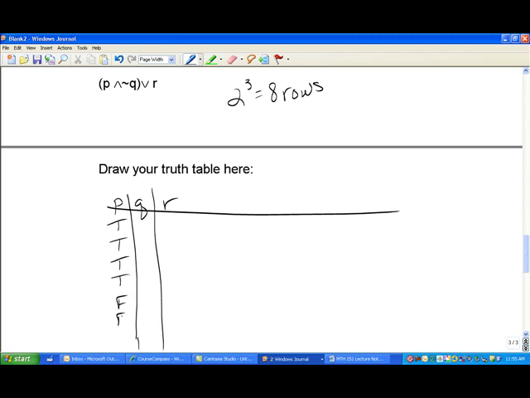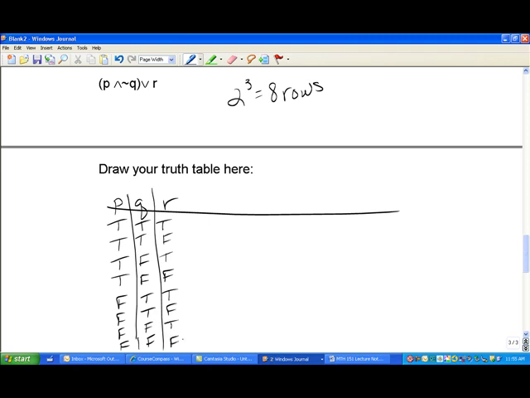Since we're at 8, you want to divide it in half. Okay, then divide 4 by 2 and you get 2. So 2 true, 2 false, 2 true, 2 false. And then finally we're going to alternate true, false all the way down.